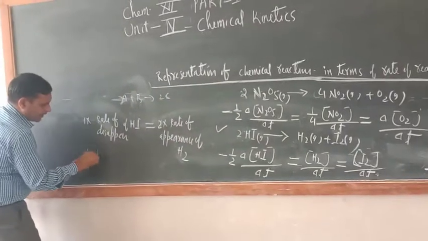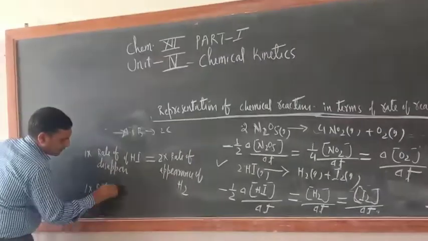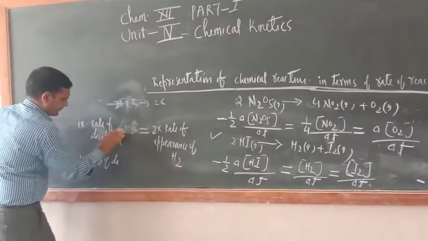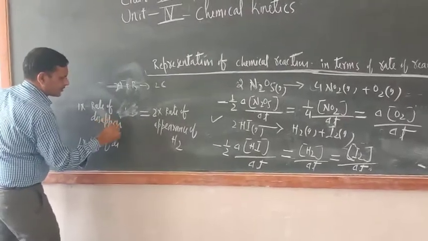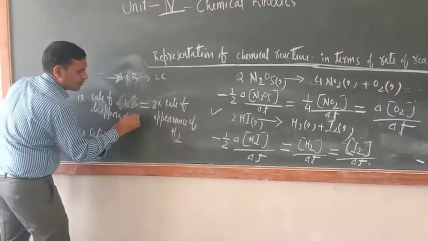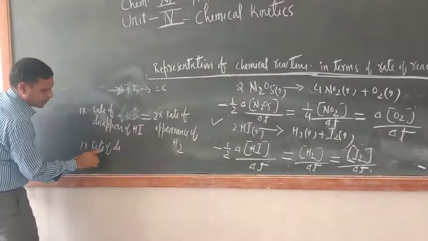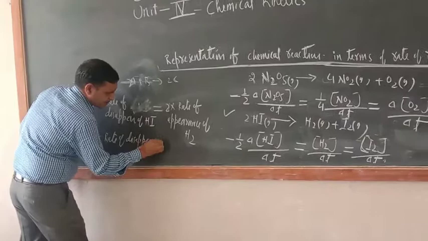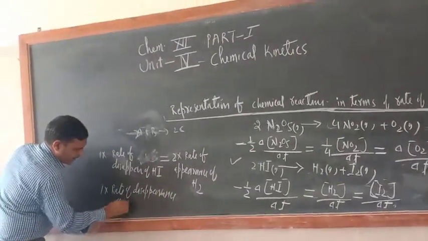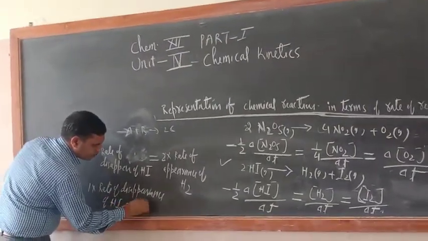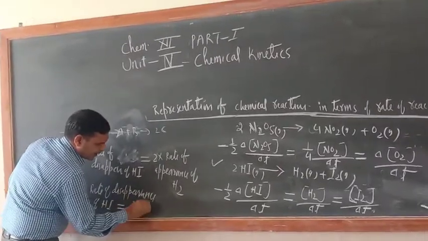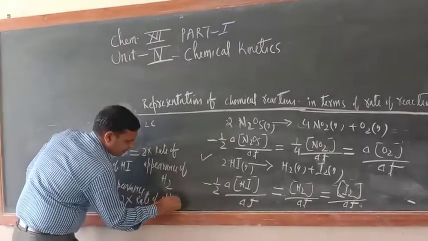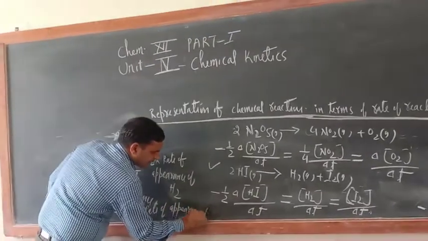Similarly, 1 into the rate of disappearance of HI equals 2 into the rate of appearance of I2.